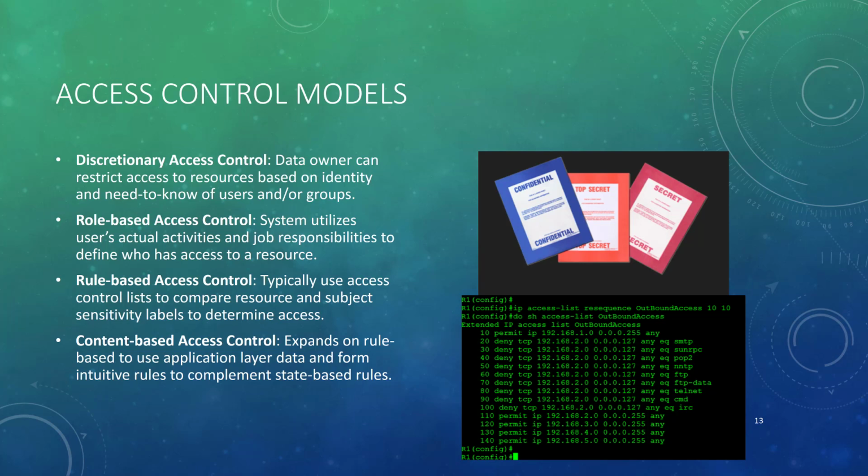And then finally, the idea of expanding on that, where you're using application layer data and you're using the content of what they're doing to form rules to complement some state-based rules that you've built before. So those are 4 different ways of doing this, moving down, if you will, in terms of complexity from discretionary to role-based to rule-based to content-based access control. And each, as you move down that pipe, you're getting greater control over and greater feedback on assurance associated with a particular service.